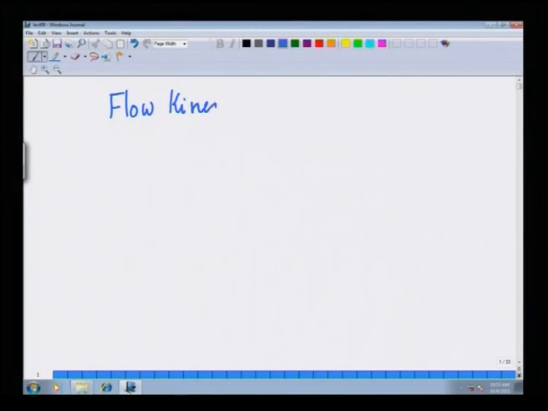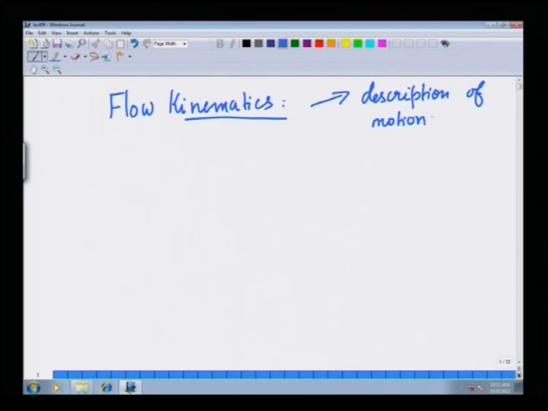Flow kinematics. As I told you in the last lecture, in any branch of mechanics, there are two aspects to it. One is dynamics and the other is kinematics. Kinematics refers to description of motion without reference to the forces that cause the motion.